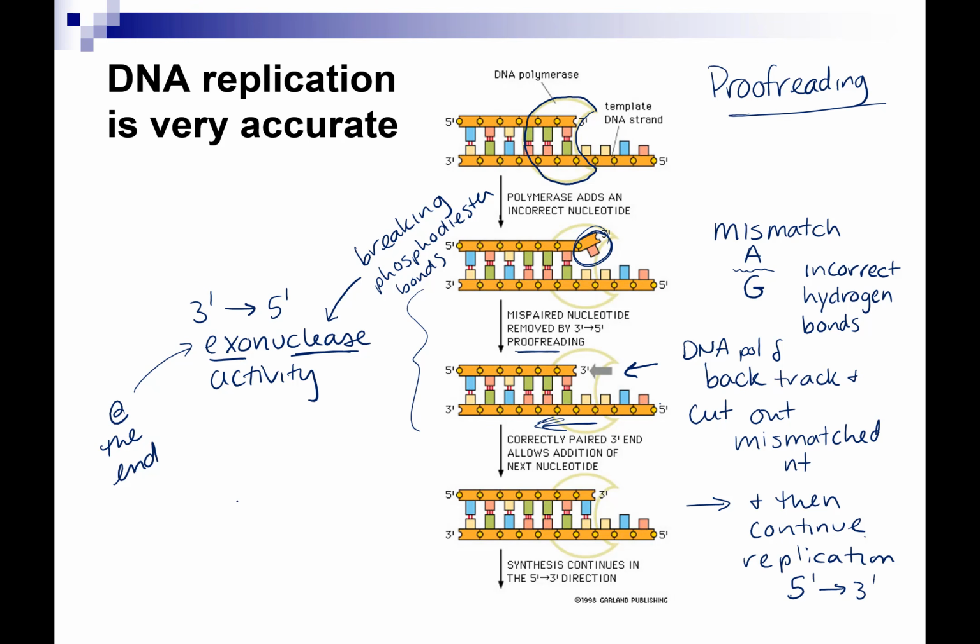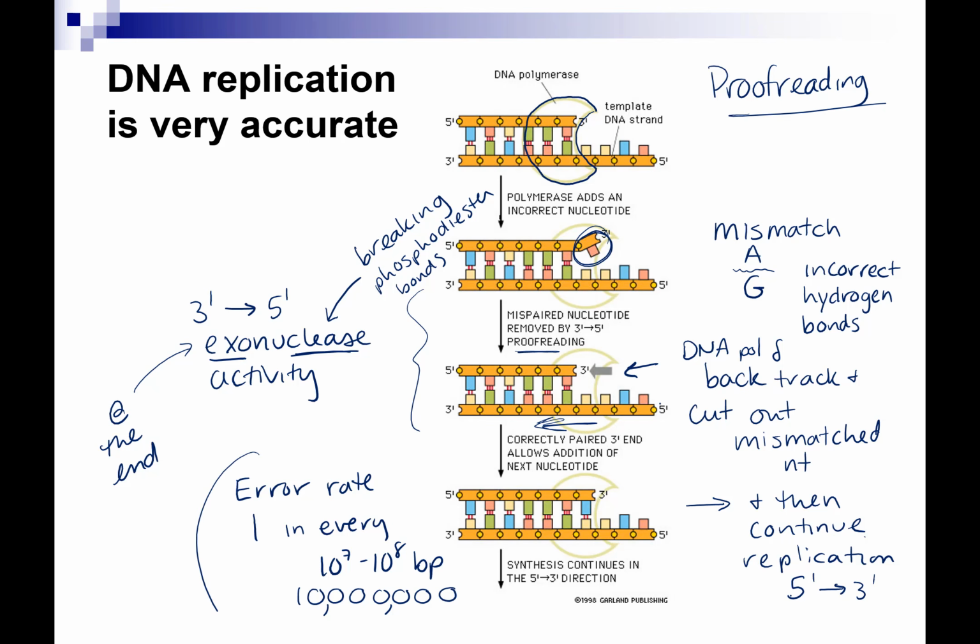Therefore, normally the error rate is approximately 1 error in every 10 to the 7th to 10 to the 8th base pairs. So every 10 to 100 million base pairs, there'll be a mistake that actually isn't fixed. If you didn't have proofreading, this error rate would be much, much higher.